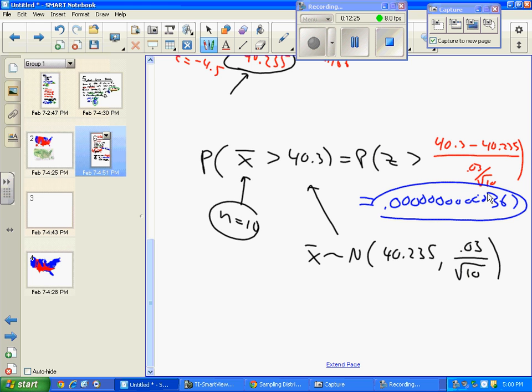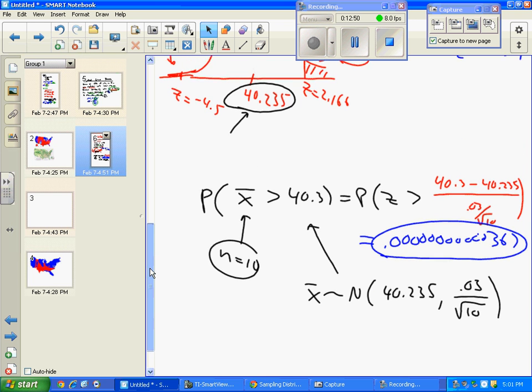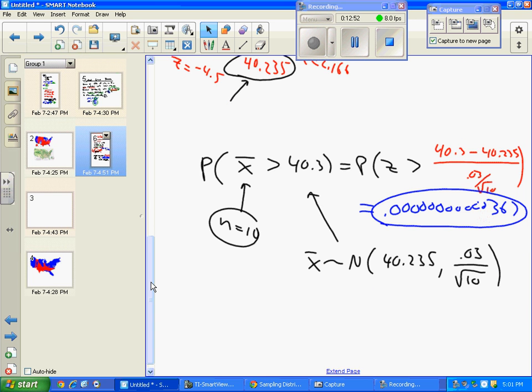So basically what this probability is telling us is that the inspector should never expect to see a mean of 10 axles coming back at greater than 40.3 millimeters. If in fact he did observe this, he would have to say, wow, something happened here that really shouldn't have happened, and therefore conclude that this machine is not producing axles with a mean equal to 40.235.